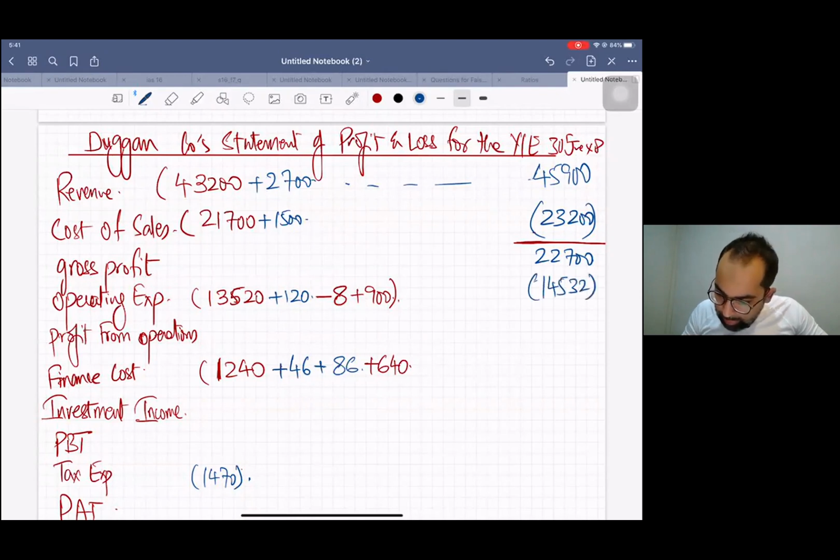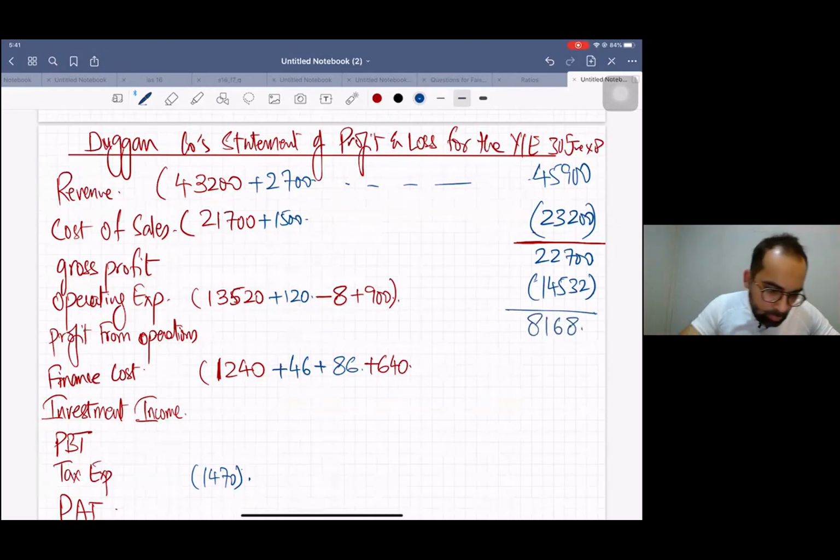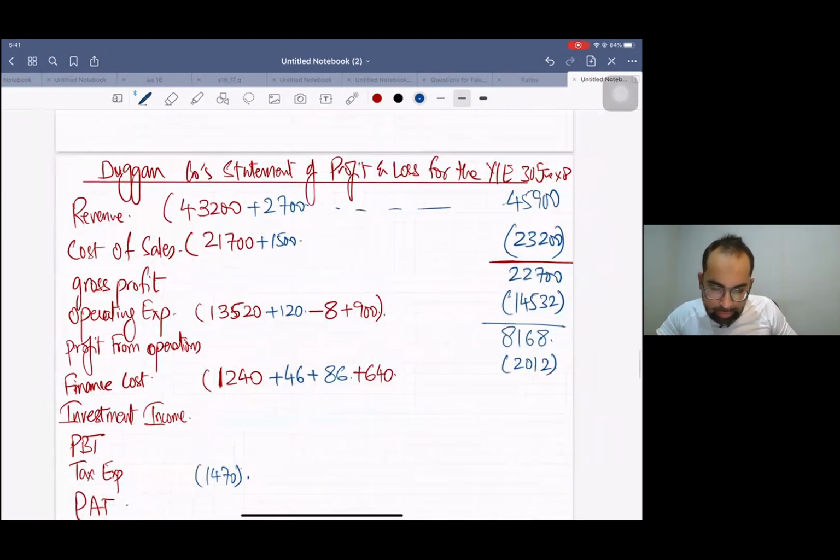Then can you tell me the profit from operations? Now, finance cost: 1240 plus 46 plus 86 plus 640, which is 2012. I think there is some investment income ready-made in the question.